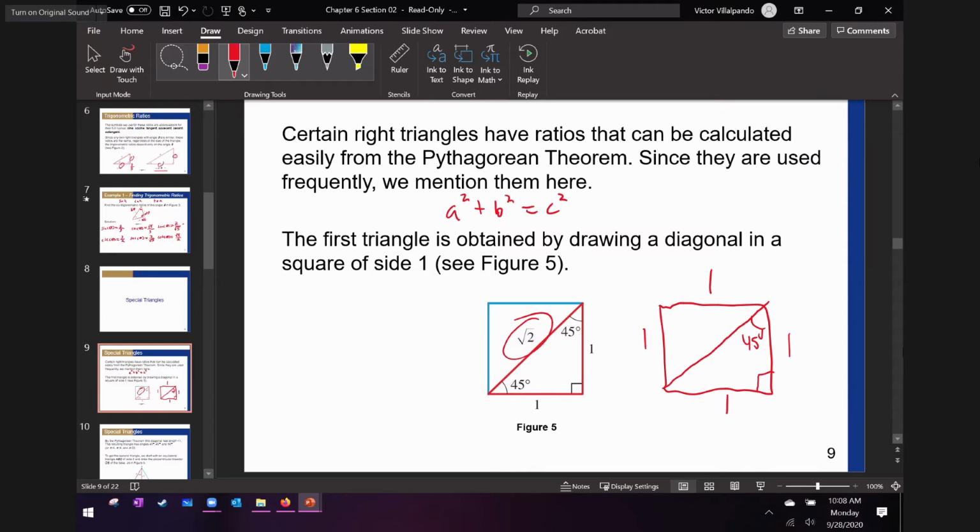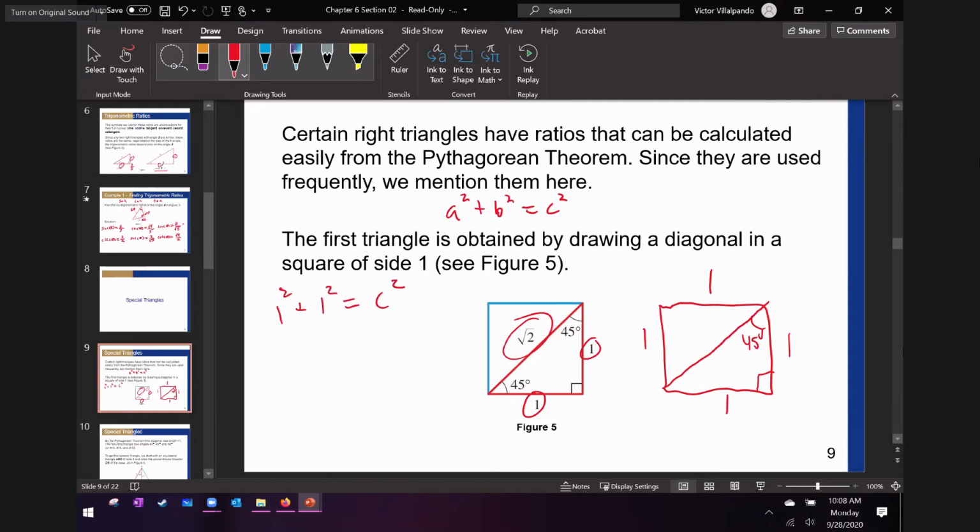All right. And if you want to know where that square root of 2 is, it's coming from the Pythagorean theorem. We have a squared plus b squared equals c squared, where c is the hypotenuse. Here we have 1 and 1. If you're wondering where that square root comes from, 1 squared plus 1 squared is equal to c squared.